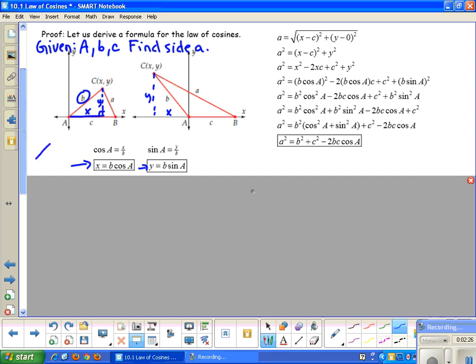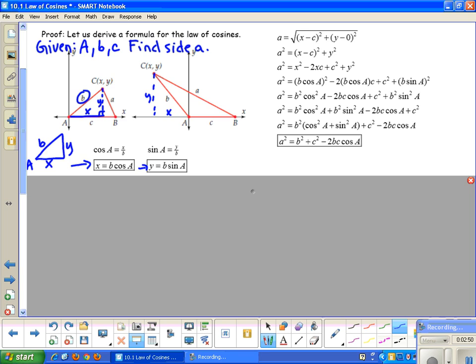And again, that was just using a right triangle, this being A, this being B, and we were calling this x and this y. Now, with that, we can use it to figure out the law of cosines. Remember that we know the Pythagorean theorem, a squared plus b squared equals c squared. Well, in this case, we don't have a right triangle, so we can't use that.